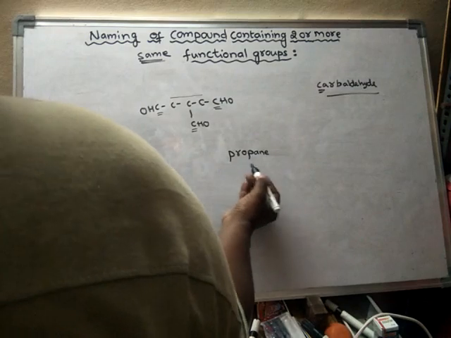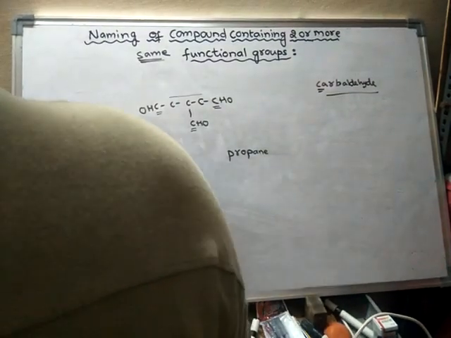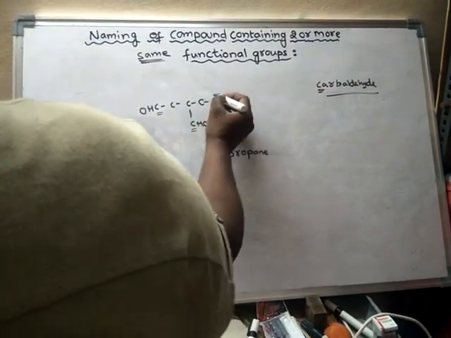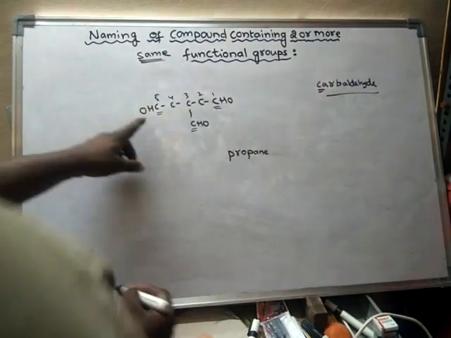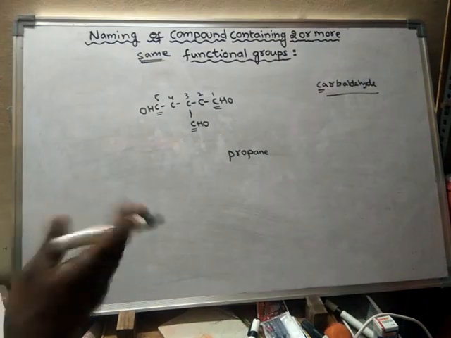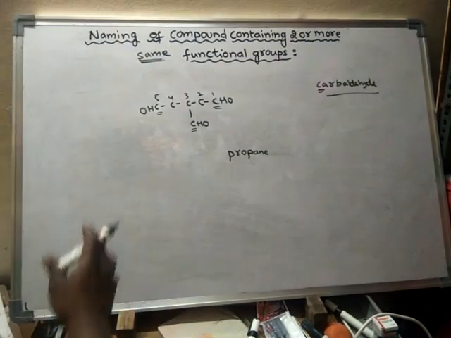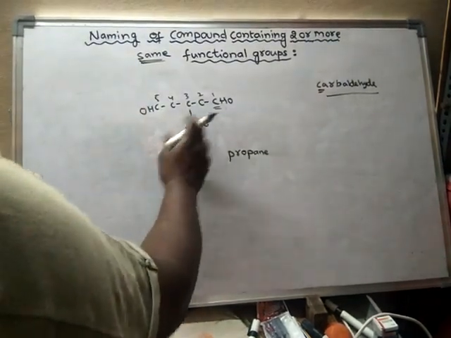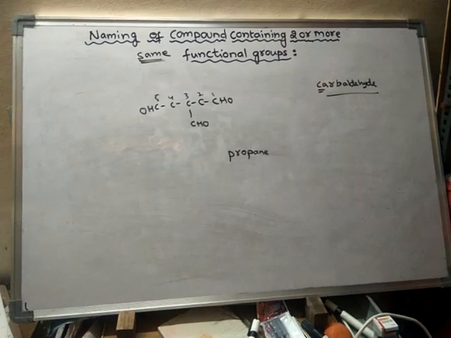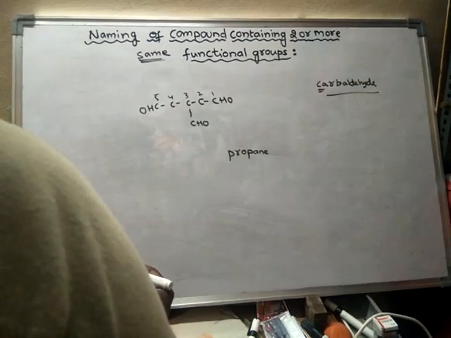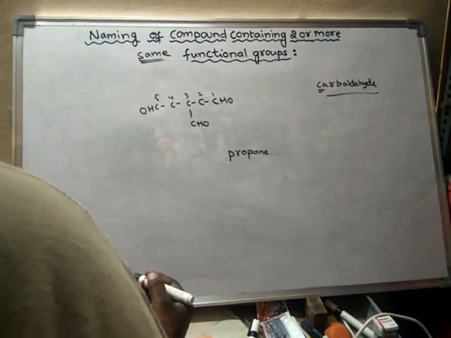So now, propane. Give numbering 1, 2, 3, 4, 5. The numbering is the same in either direction. You will get the same set of locants from either direction, so we may use the numbering in any one direction; it does not make any difference.